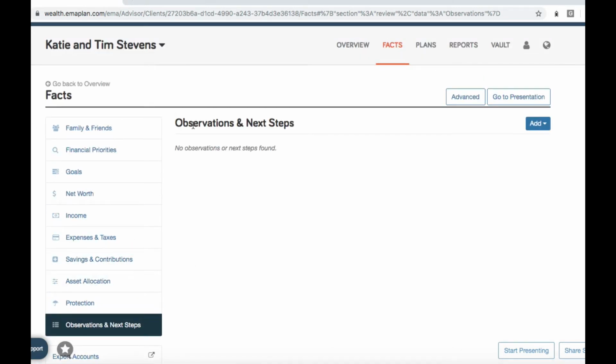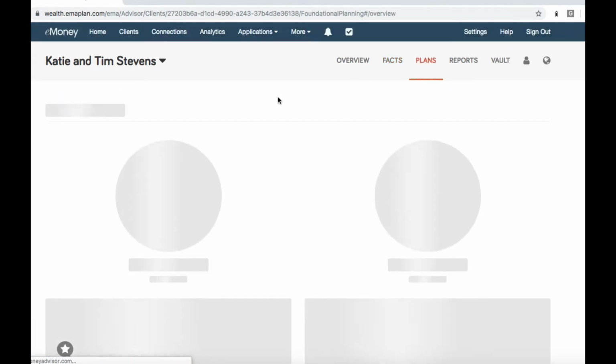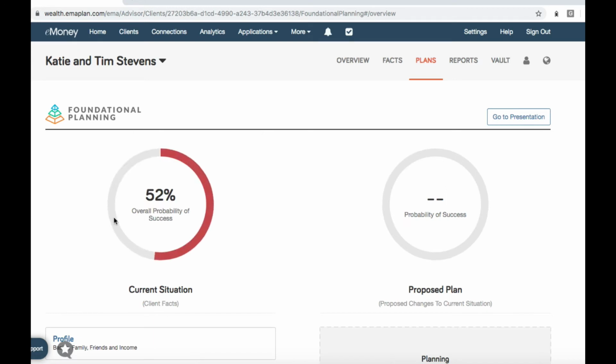This is where we're collecting all the information to make this program go. And here, you can get to some planning stages. So it'll run what's called a Monte Carlo simulation. That means they're going to calculate it over 1,000 different calculations and give you a score on your probability of success.